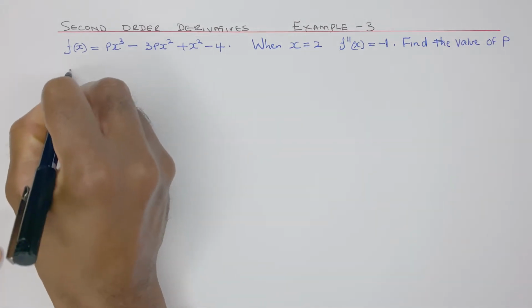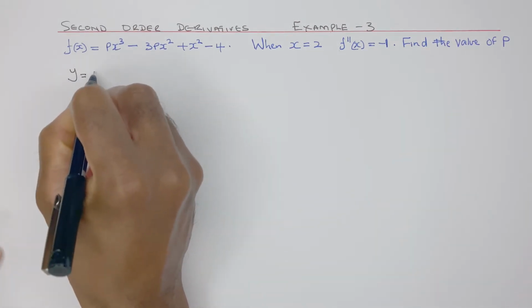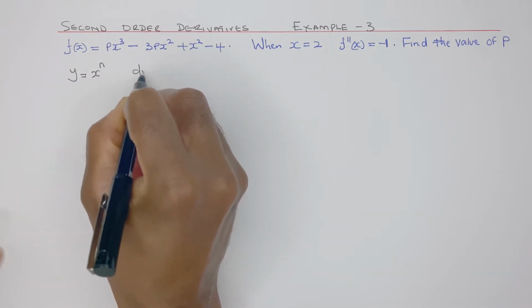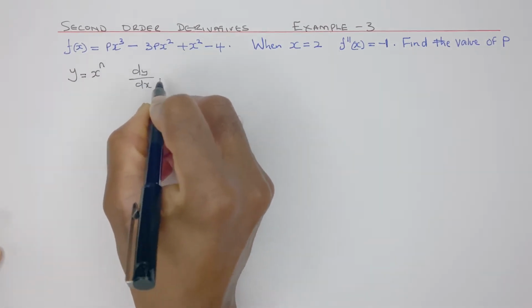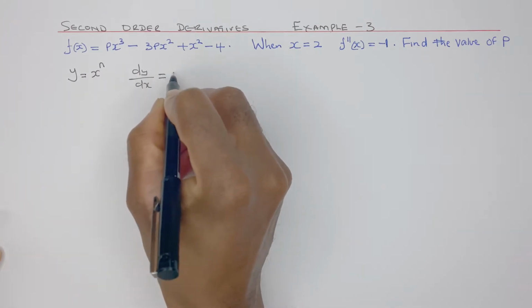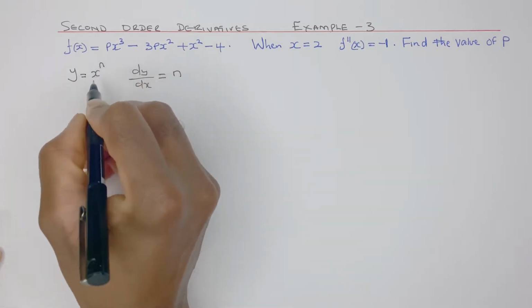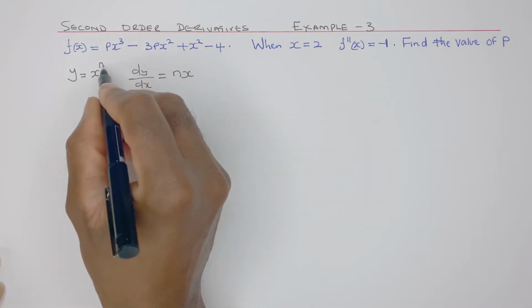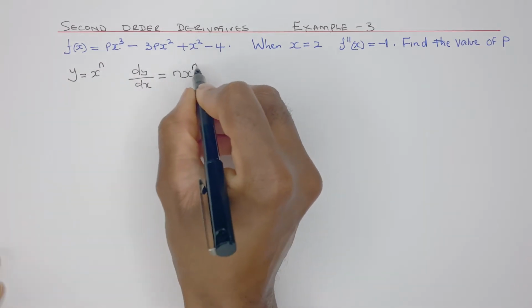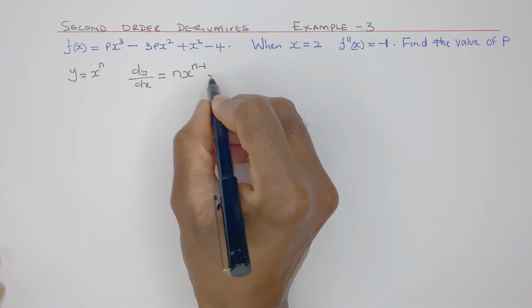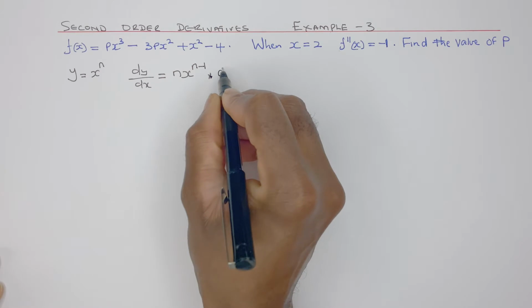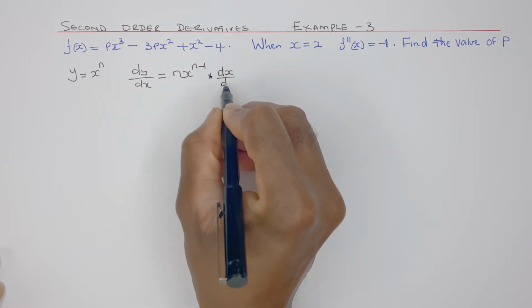If you have a function y equals x to the power of n, dy/dx is equal to n. Bring that n down, that's n times 1, that's n. Then take away 1 from the exponent, n minus 1. And then you times it by the derivative of x, dx over dx.